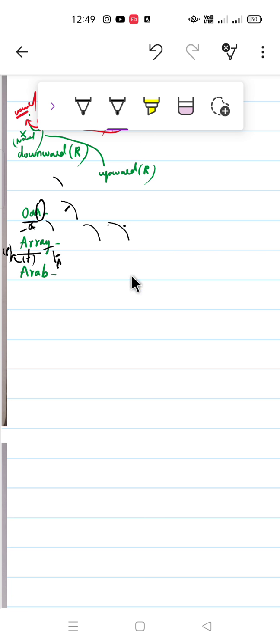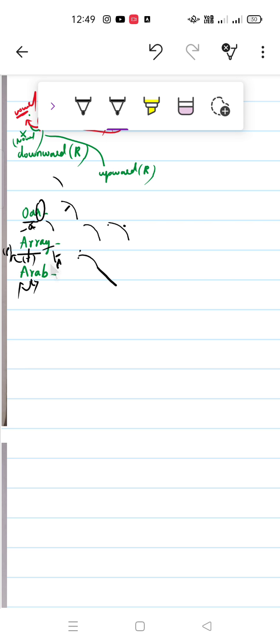Next we have Arab. In Arab, the R is preceded with a vowel, so downward R, then B. Preceding the R, we can write A. After R, we have another A. So Arab. Got it?